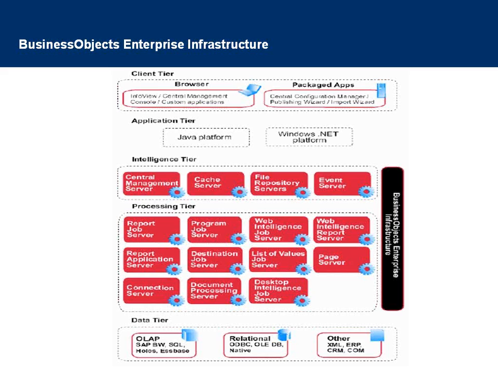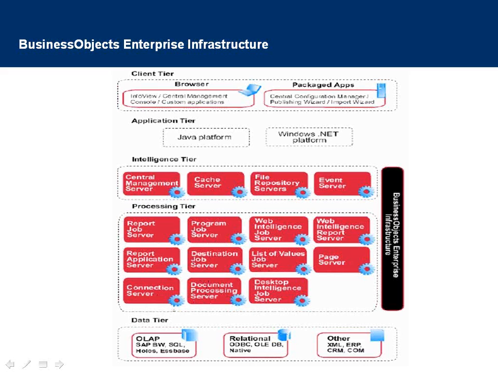So the page server is over, the Web Intelligence job server is over, the program and report job servers are over, and RAS is also over. Then we have the destination job server, the list of values job server, and the remaining servers.